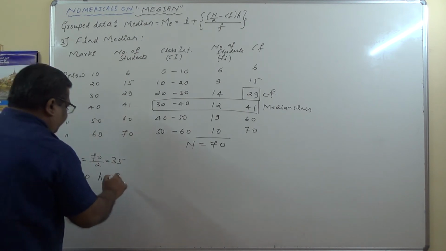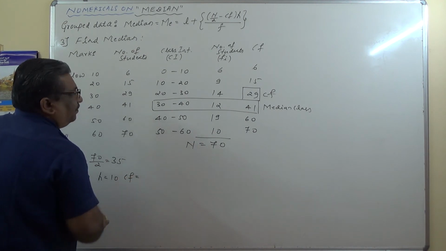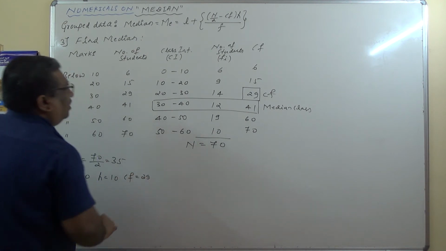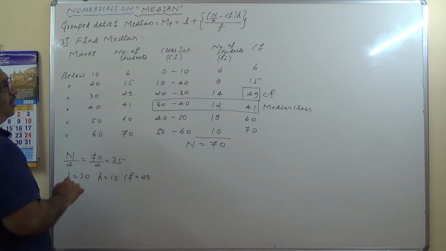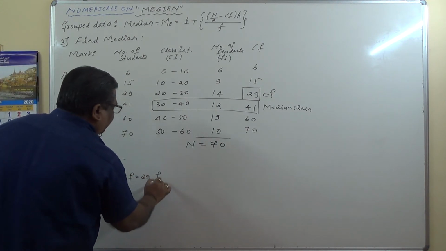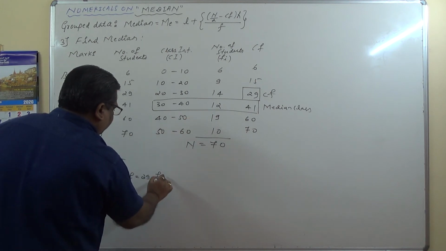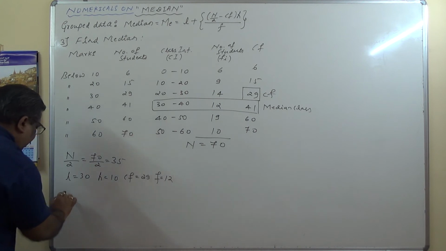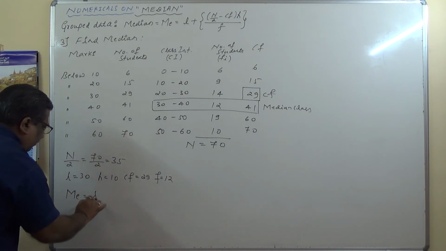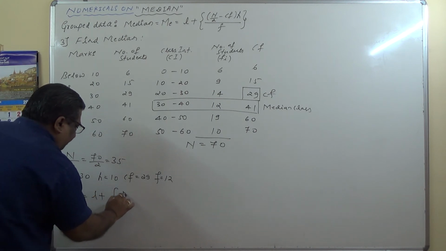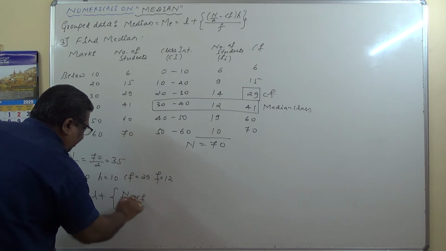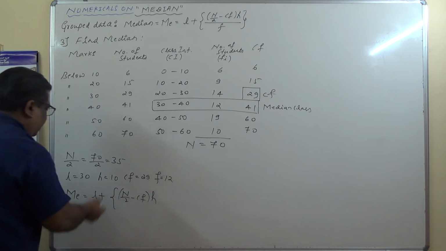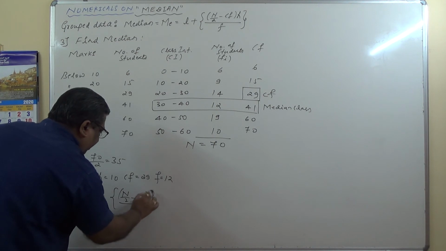Then what do we need? CF is required. CF is 29. And what else is required? Frequency F is 12. Yeah, I think everything is done now. Median is equal to L plus, in brackets, n by 2 minus CF, into H, divided by frequency.